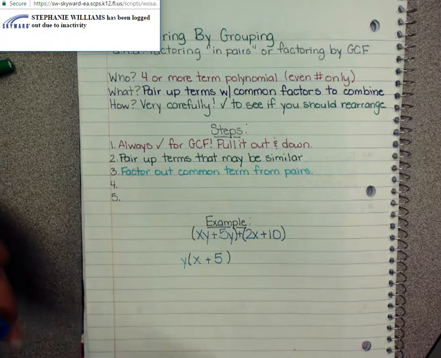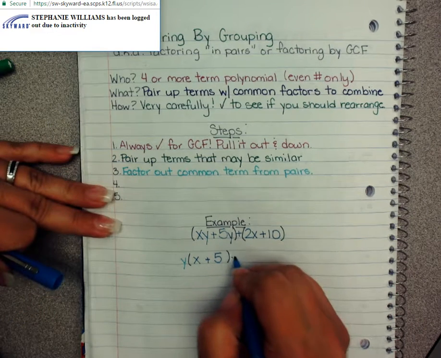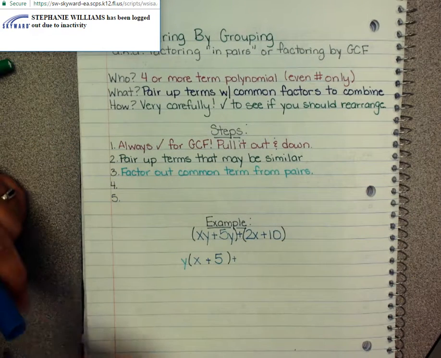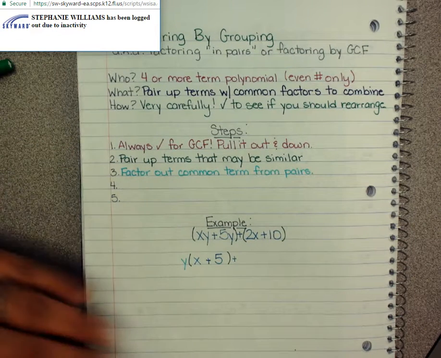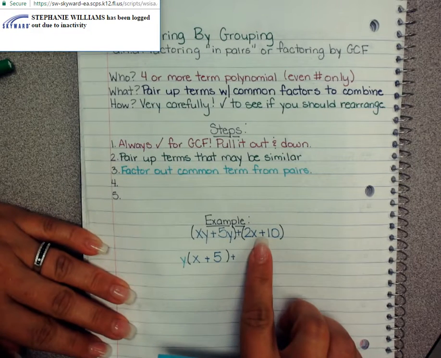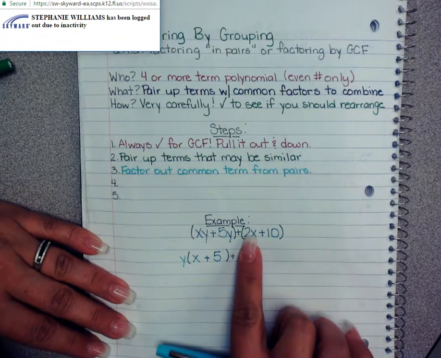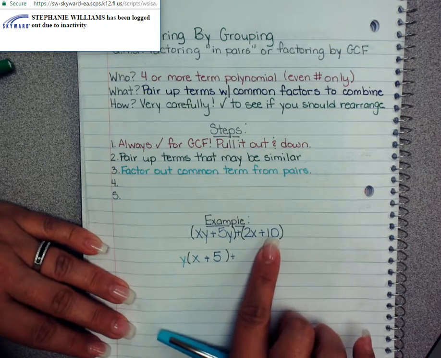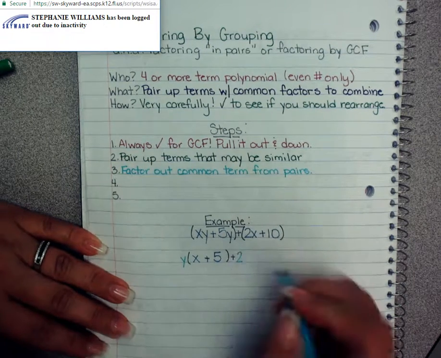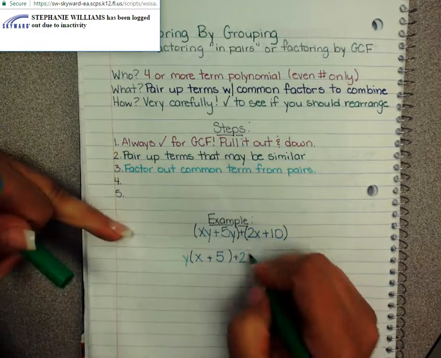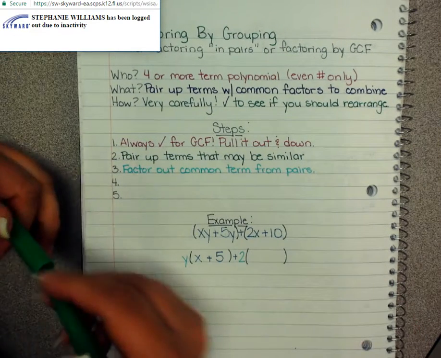Okay. Then we have an addition sign. Now, for this pairing, 2x plus 10. Well, they don't have a variable in common, but they do have a numerical value in common. I can divide 2 by 2, and I can divide 10 by 2 and get even numbers. So I'm going to take out a 2. Okay, so then again, I still have my parentheses.